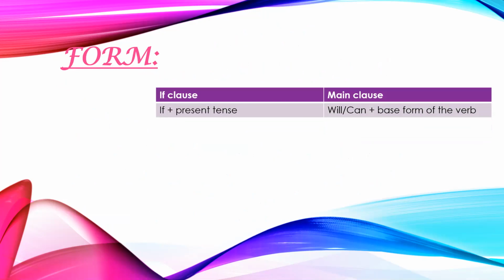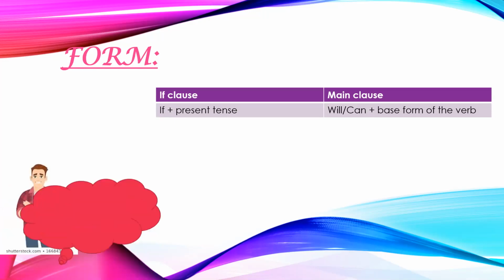The main clause is formed by will or can plus the base form of the verb, or the verb as it is. So here there's a difference between the zero condition and the first condition. The first condition is formed by if plus the present simple, and the main clause will or can plus the base form or the infinitive of the verb.